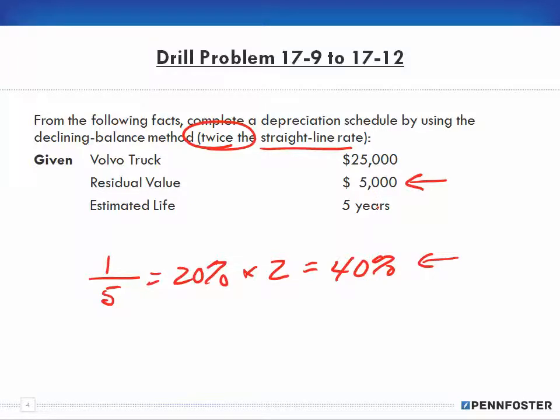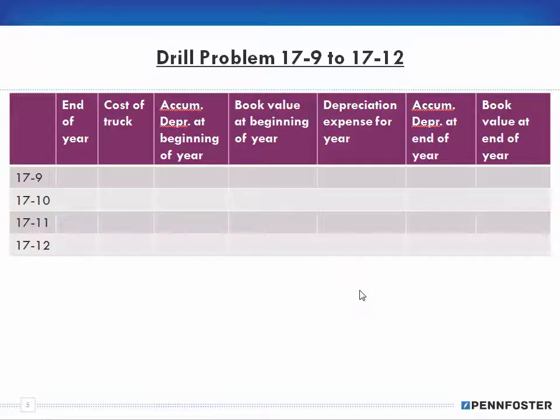We're going to end up with more, so we're going to take less depreciation than what we calculate in that last year. You'll see that when we create the schedule here. So right now, the important thing is 40%. Let's go on to the schedule.